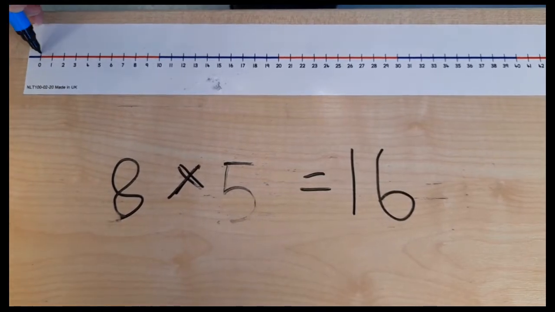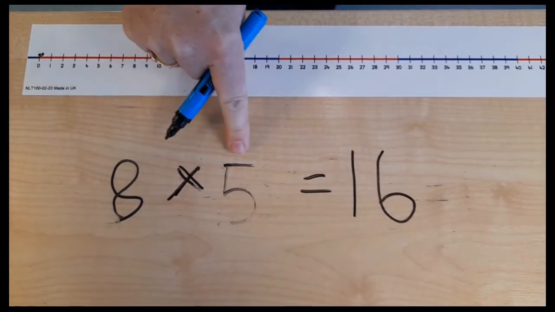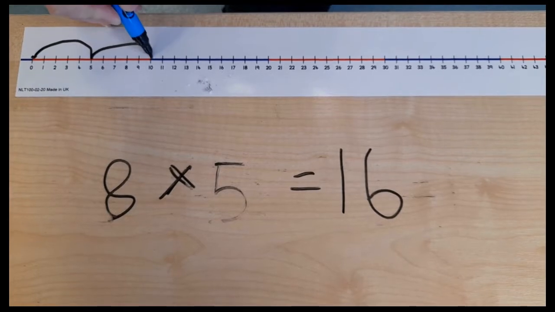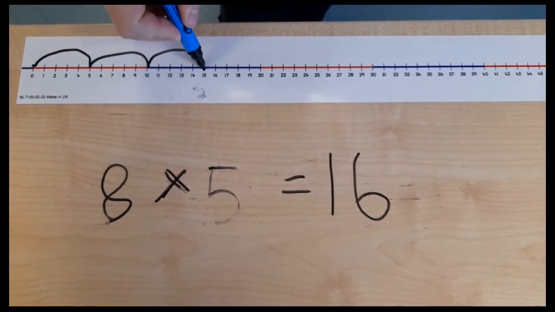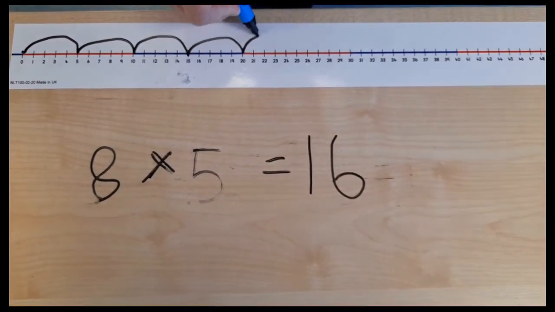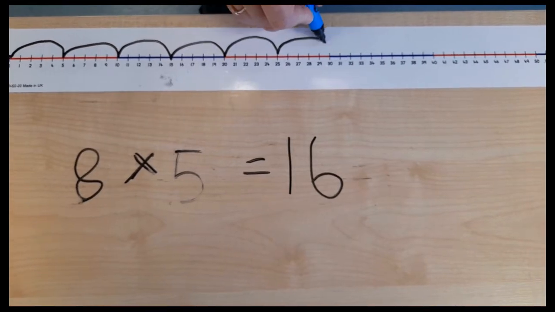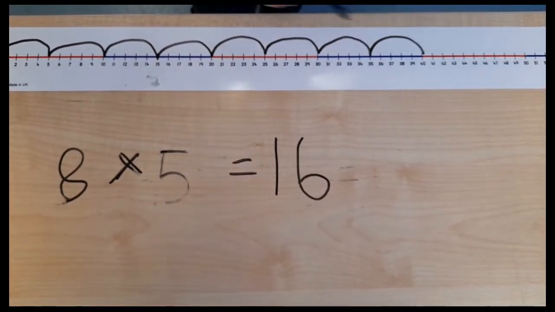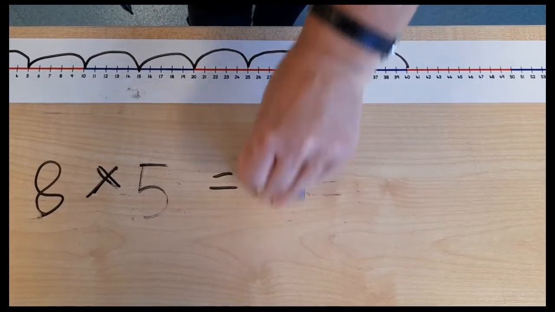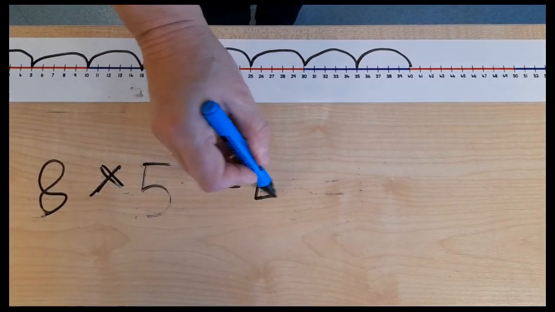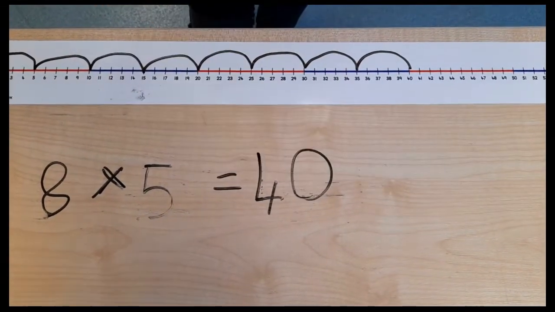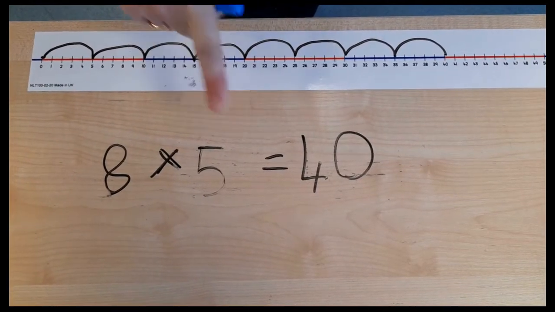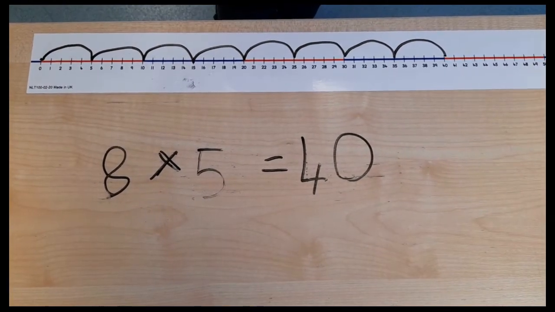Start from 0, and I need 8 jumps of 5. 1, 2, 3, 4, 5, 6, 7, 8. So it's not 16. I have now landed on 40.